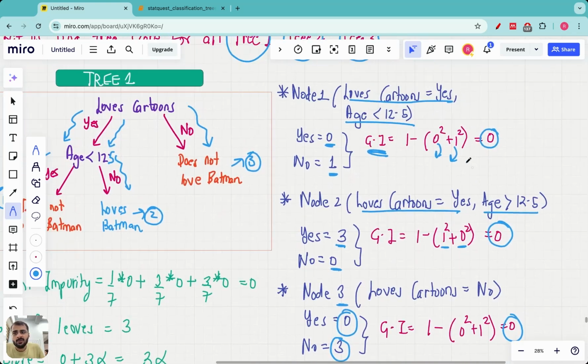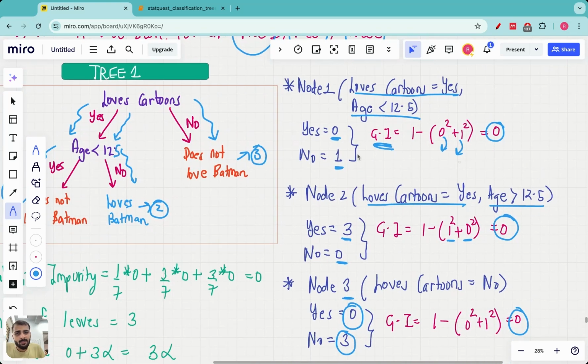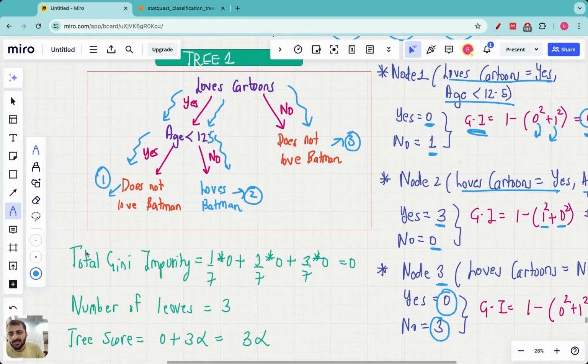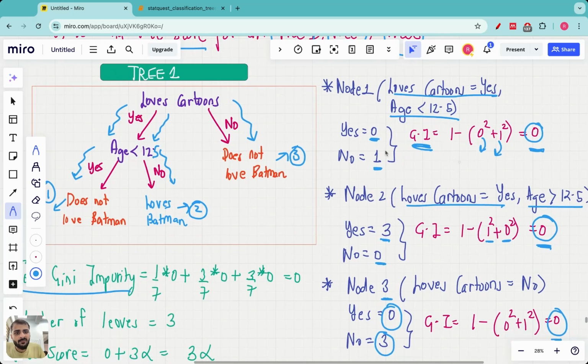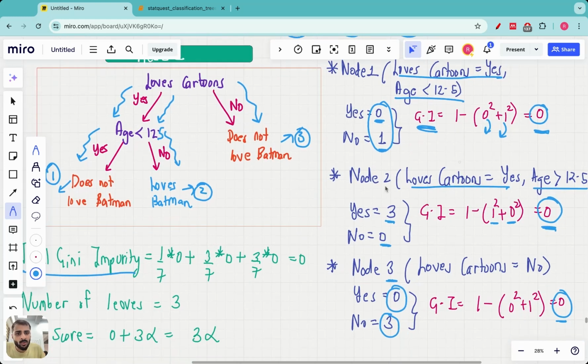So we see that for the first tree, the Gini impurity for all the nodes is 0. It's a fully pure tree since it has no misclassifications on the training data set. So to calculate the total Gini impurity, we will take a weighted sum. For node 1, we have one person who belongs to node 1, right? In node number 2, we have a total of 3 people.